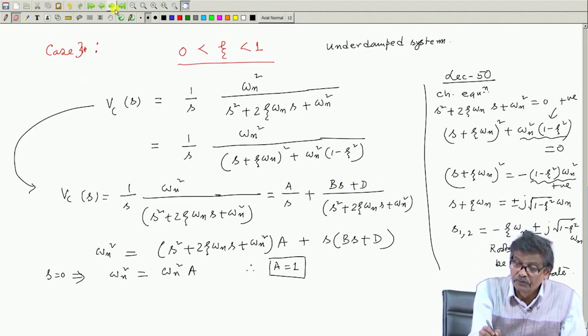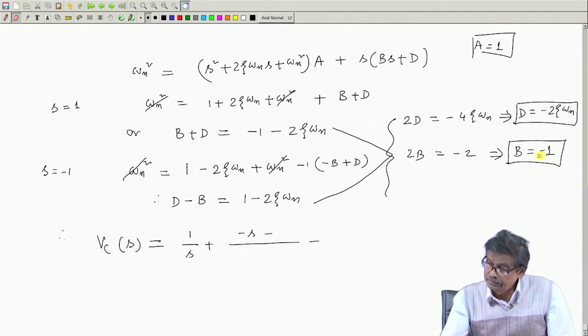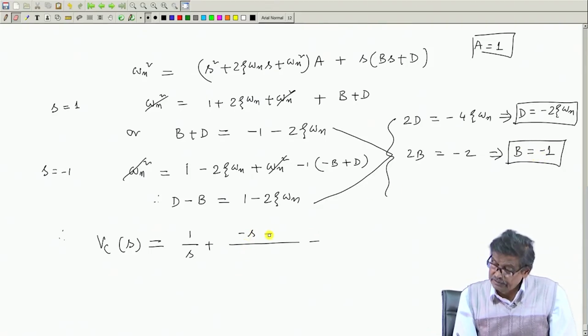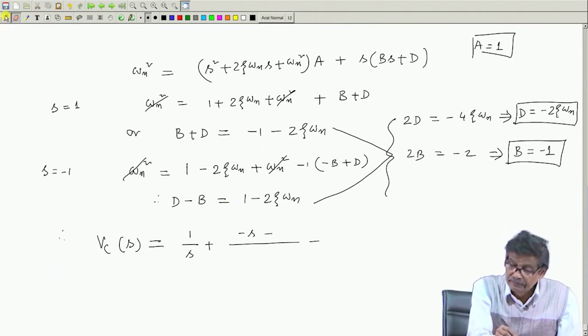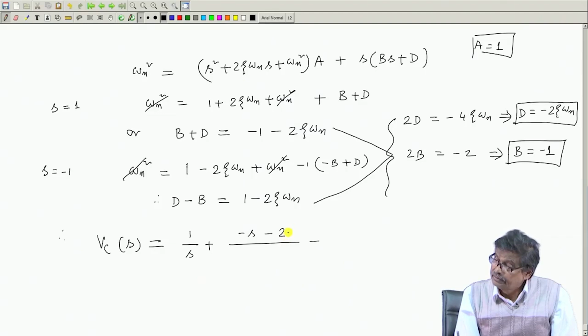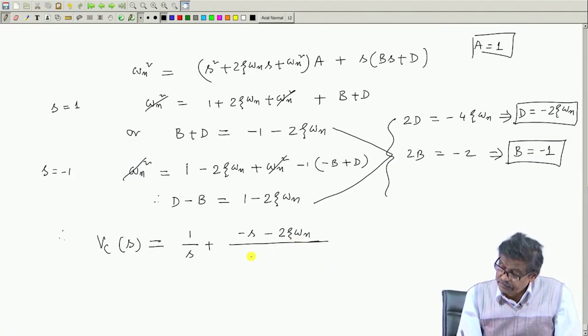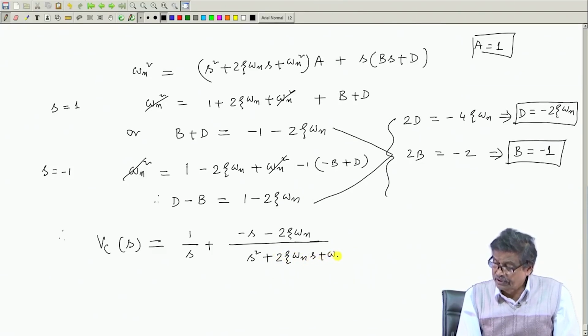So, B s, B is minus 1 plus B s plus D minus 2 zeta omega n. This will be the thing, and this is equal to, and this below is s square plus 2 zeta omega n s plus omega n square.